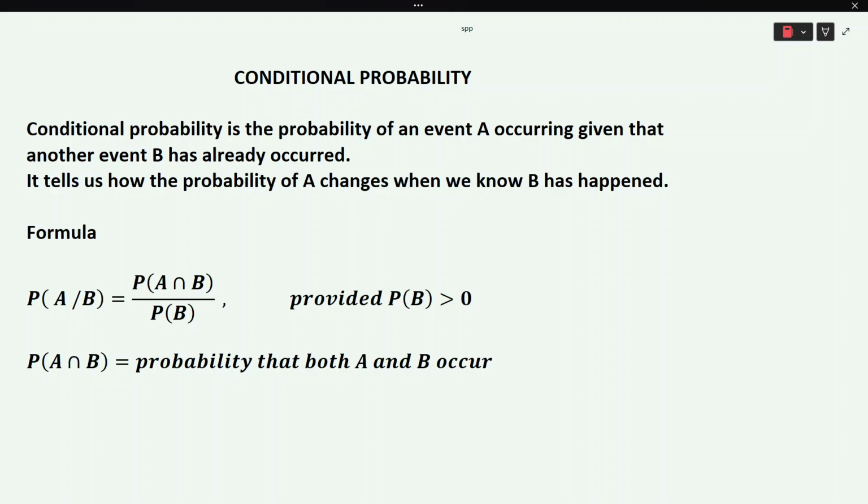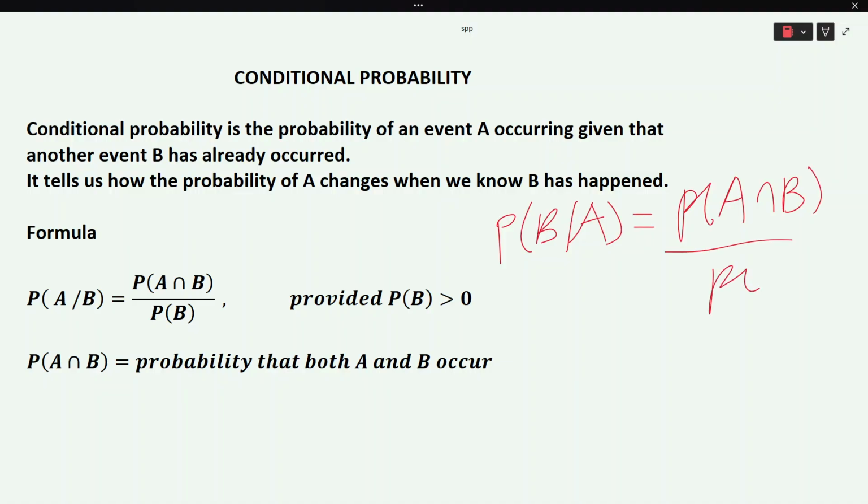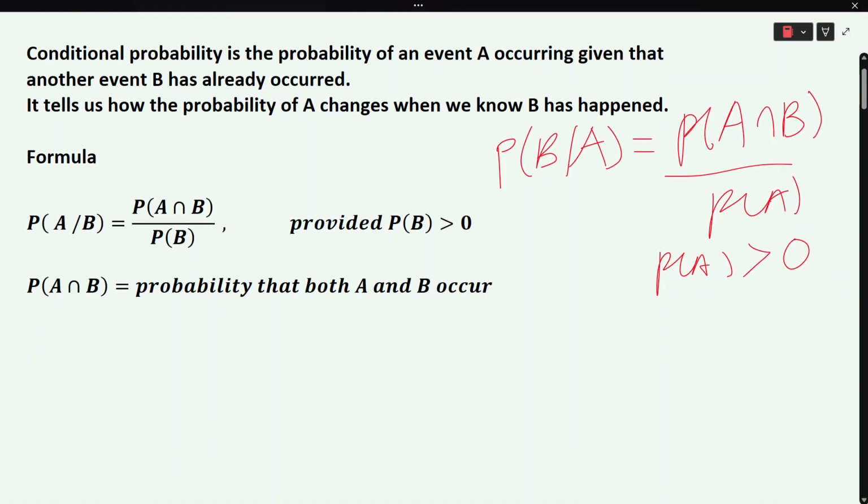Also, the probability of B given that A has occurred is given by the probability of A intersection B divided by the probability of A, provided that the probability of A is greater than 0. You know that the probability of A intersection B is basically the probability that both A and B will occur.